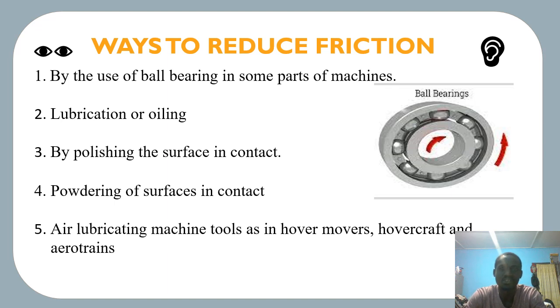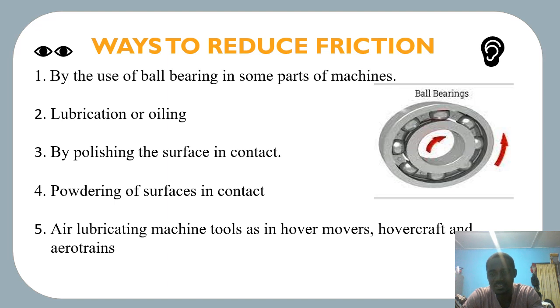What are the ways to reduce friction? How can we help to prevent friction from taking place? One, the use of ball bearings in some parts of a machine. The ball bearing is what you see here. We all know it, it is used by those who push trucks and other things.